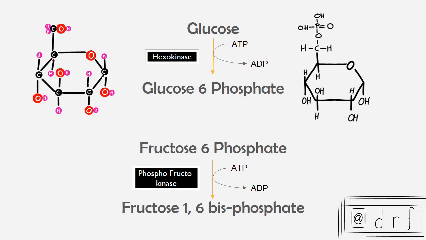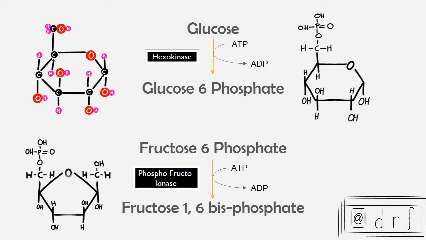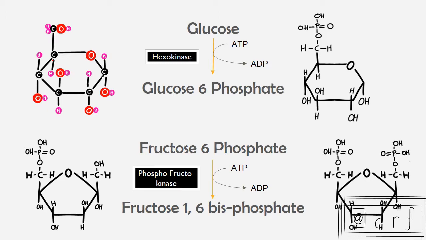We took this phosphate group from ATP, we consumed ATP. In the second reaction, fructose 6-phosphate is converted to fructose 1,6-bisphosphate. We again consumed an ATP. So 2 ATPs are consumed in this process.